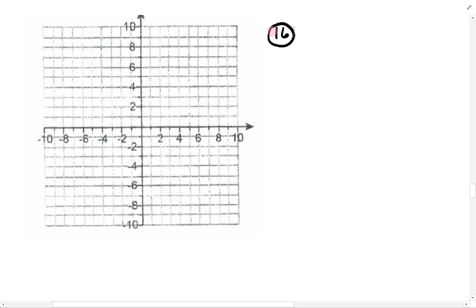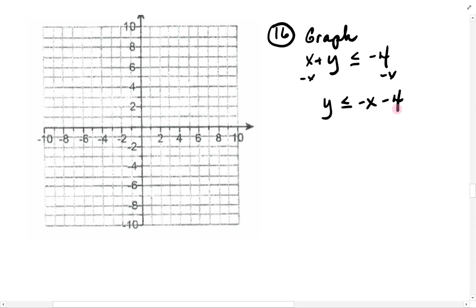So number 16, it asks me to graph x plus y is less than or equal to -4. Now, you've got to get the boundary line graphed, and I always like to solve my inequality for y. So I'll subtract x from both sides, and I get y is less than or equal to -x minus 4.